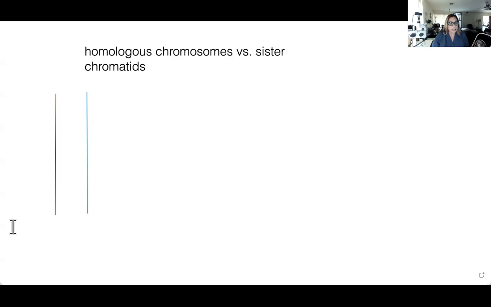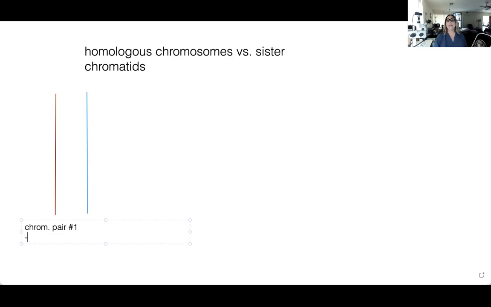Now, let's say this is chromosome pair number 1 that I just drew for you here. All right, I'm going to abbreviate chromosome. Okay, chromosome pair number 1. So this is just an example. It doesn't quite work this way, but for simplicity, I'm going to explain it this way.